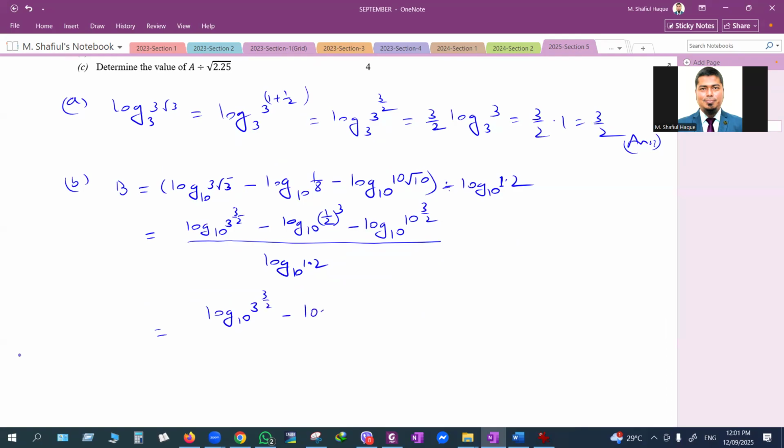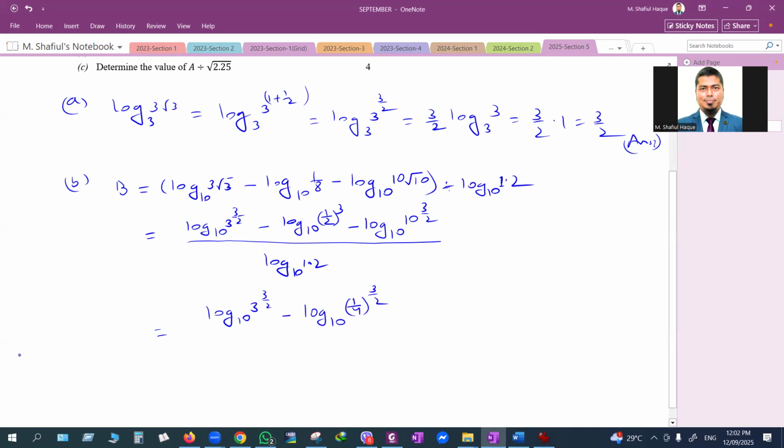This power can also be converted to 3 by 2. That's we need to write this 1 by 4. That means 1 by 2 square. Then it can be written as 3 by 2. So 2 square, then this 2 square will be reduced to this 2, the denominator of the power.